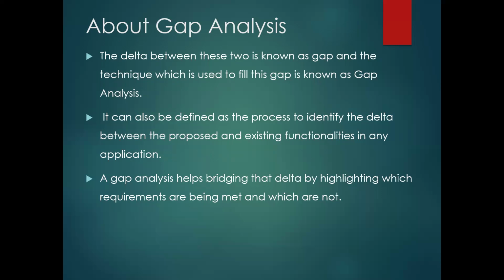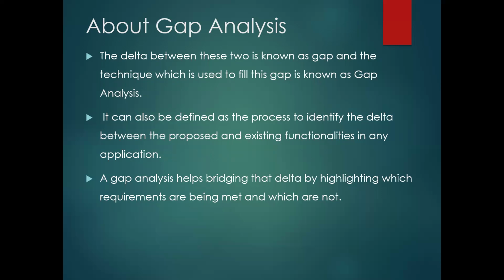That delta is nothing but the gap which we are going to identify, and for that gap we are going to prepare a document, because we need to put the functionalities or the things that are missed within the delta, the difference between the existing and the new system.